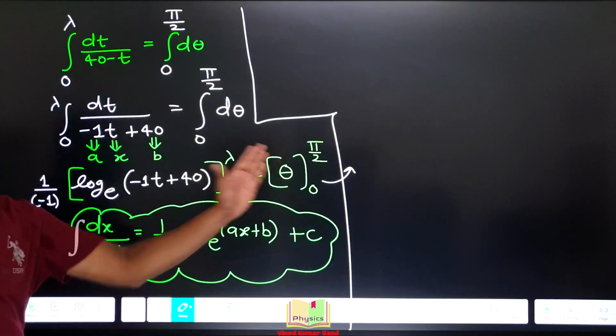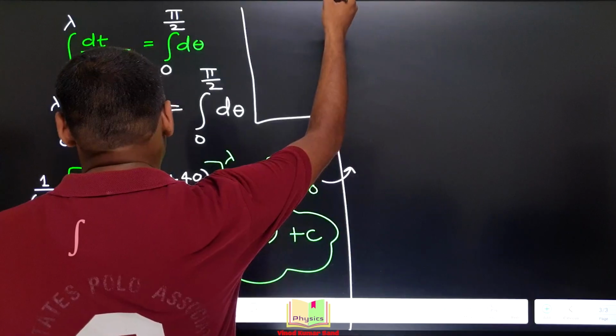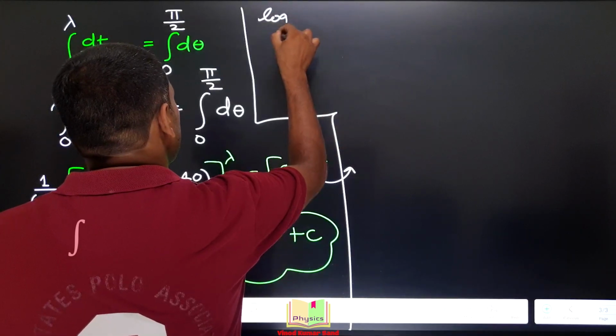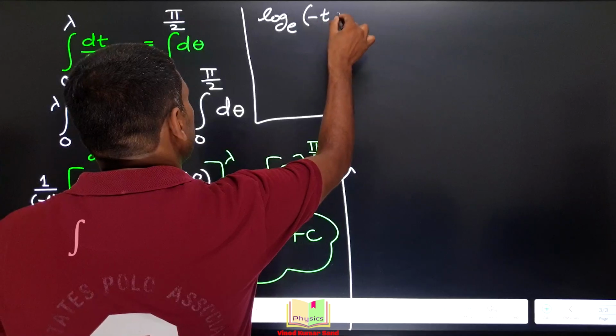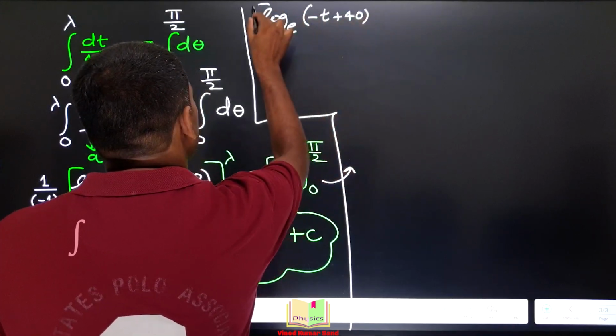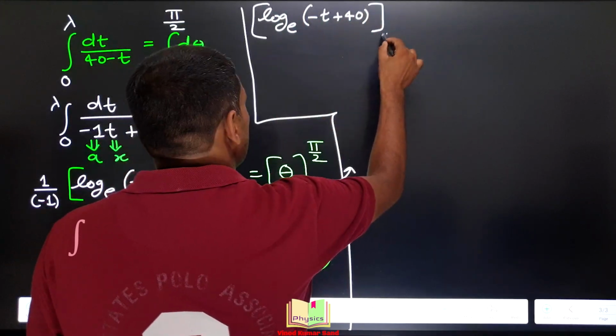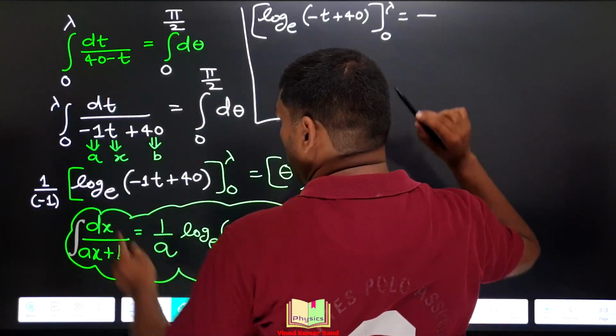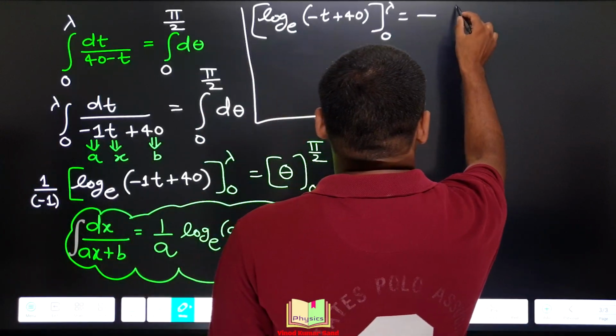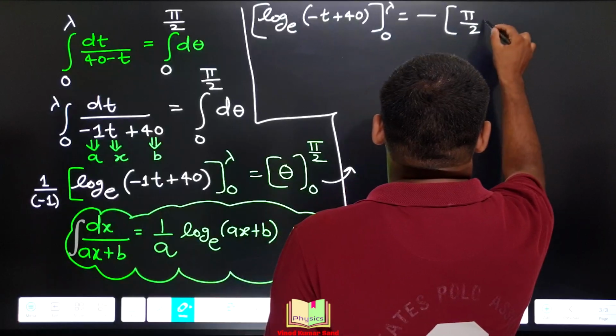Taking the computation further. This minus sign, we will bring it to the right hand side. So here is log e of minus t plus 40, the limit is 0 to lambda. That minus sign, we are bringing it to the RHS here and then putting up the limits.